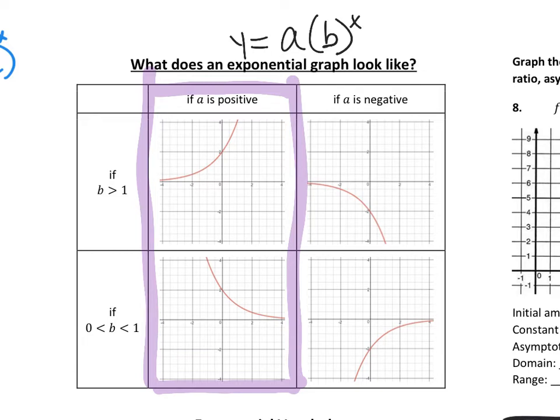The initial value, or the y-intercept. So if the a number is positive, my y-intercept is going to be a positive number. My whole graph is going to appear in the top 2 quadrants, quadrant 1 and quadrant 2. If my a value is negative, my entire graph is going to show up in the bottom 2, in 3 and 4.